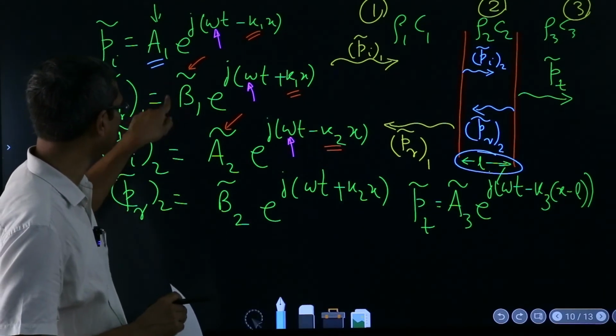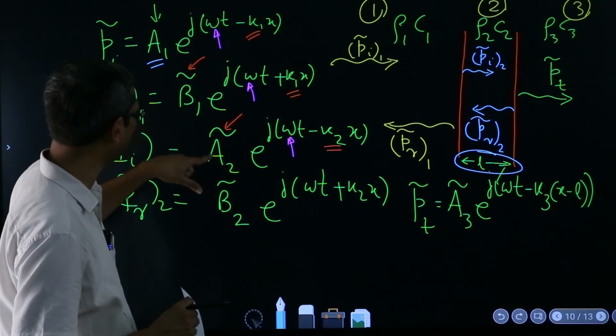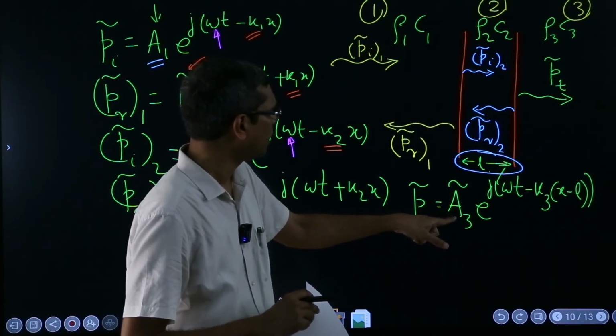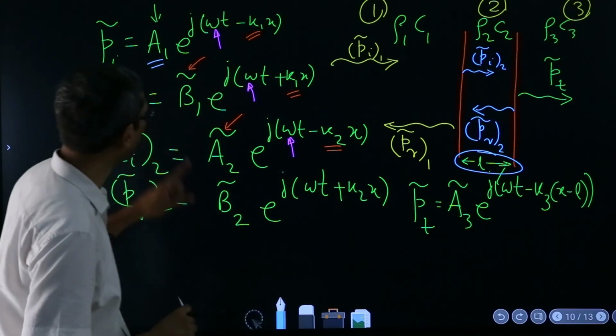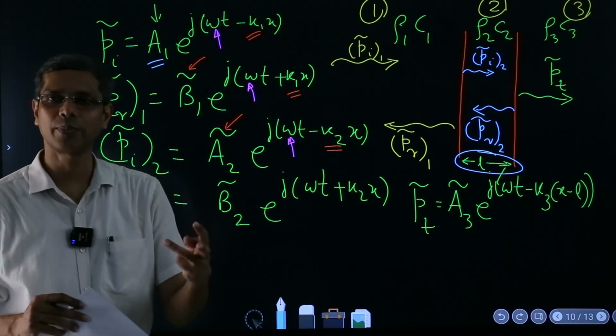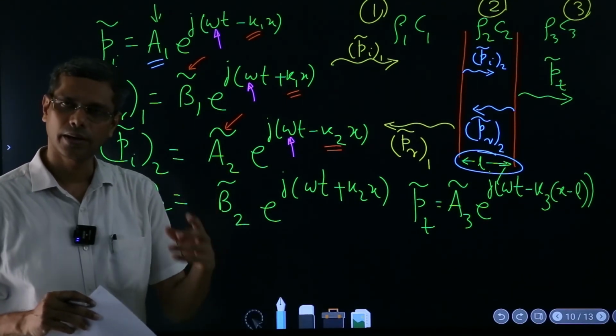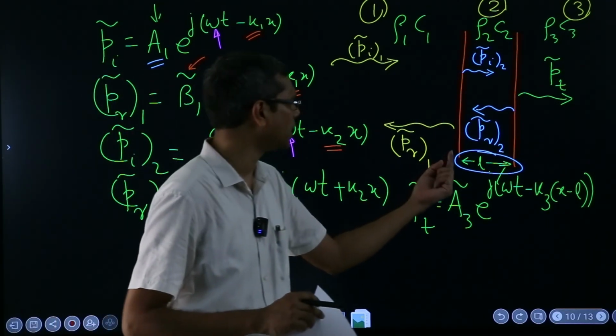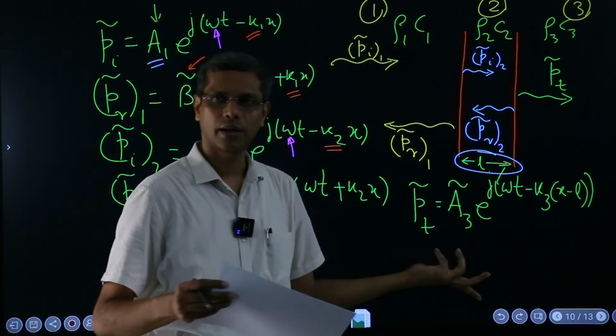So for every such component, this is 1, 2, 3 and 4, these 4 things will have both amplitudes and phases as unknowns, which we need to solve by applying boundary conditions at these 2 places properly.